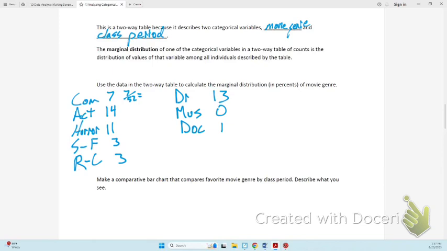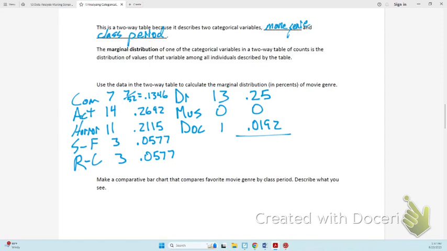So for comedies, I got 0.1346. For action, 0.2692. Horror 0.2115, and sci-fi 0.0577. Dramas 0.25, musicals 0.0577, documentaries 0.0192.